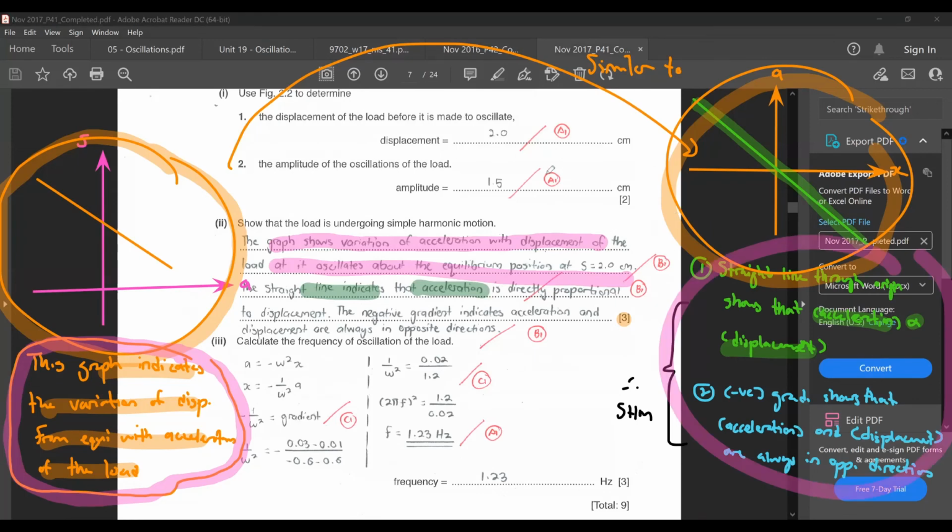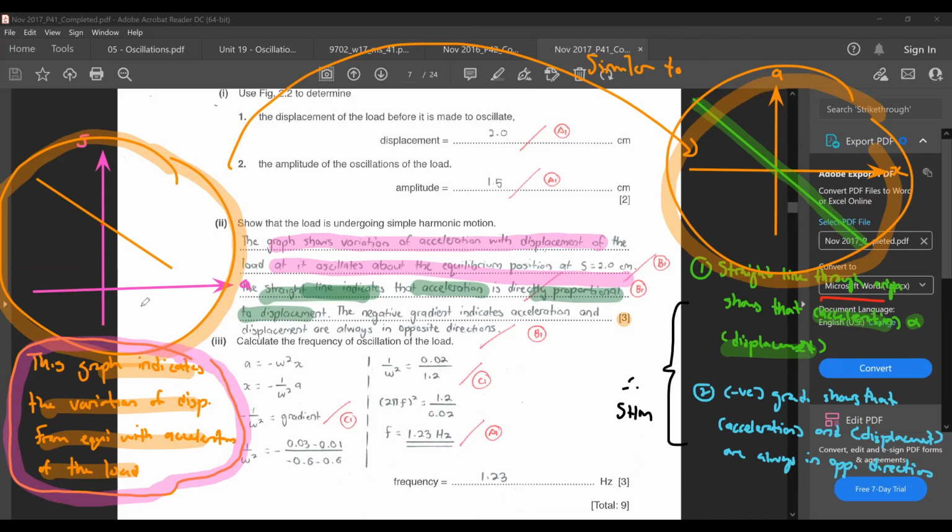Okay, now you need to adapt one of your answers to suit the given graph. You see, for my case here, I say straight line through origin shows that acceleration is directly proportional to displacement. Your graph here that is inside the question doesn't really pass through your origin, so it's actually not accurate to say it passes through the origin. It would be sufficient for you to just say that straight line indicates acceleration is directly proportional to displacement. Don't write through origin because that is for acceleration versus displacement graph, where displacement is from equilibrium.